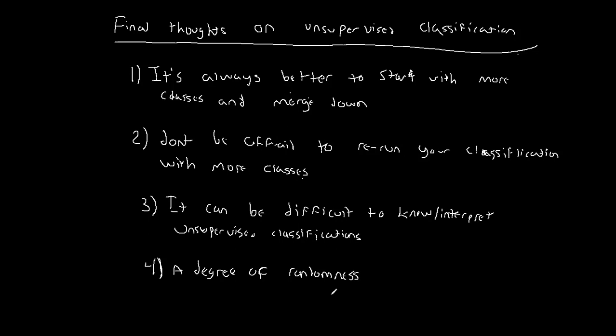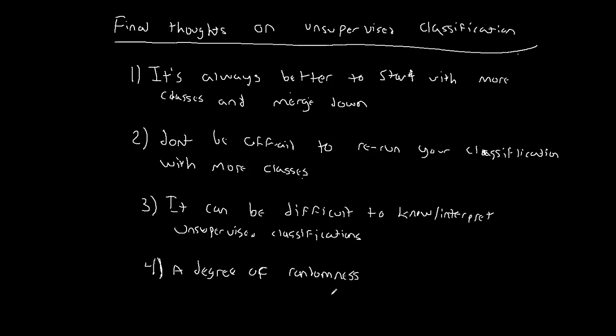If you remember back to our discussion on k-means when we did the conceptual walkthrough, the first step was generate random cluster centers. And so, you can imagine that if you ran, in ArcGIS Pro, it's isocluster, which is a different algorithm, but it does essentially the same thing under the hood, right?